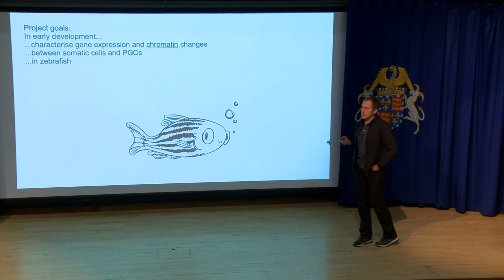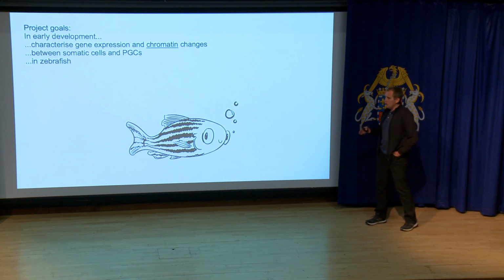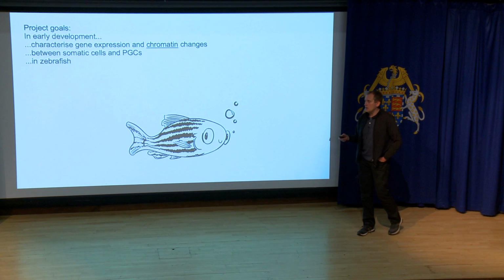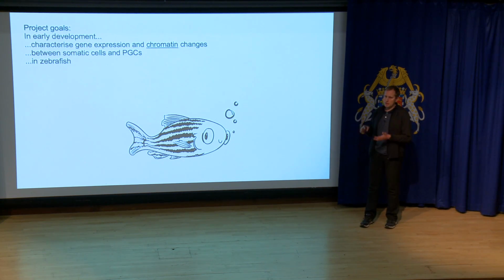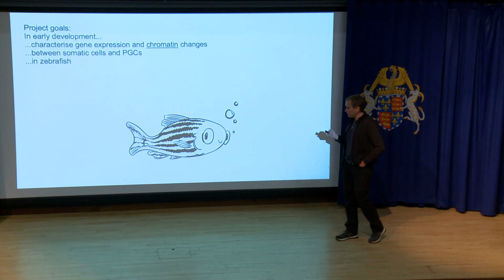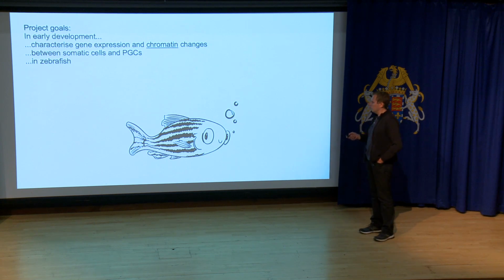We do it in zebrafish because, of course, in human, for ethical reasons, working with embryos is not possible, and in mouse, for technical reasons, it's also hard. In contrast, in zebrafish, the eggs lie in water. They are transparent. You can put them anytime you like in the microscope. You can do transgenics. All kinds of things work very well in zebrafish. And it's still a vertebrate, so it's not too far from human.